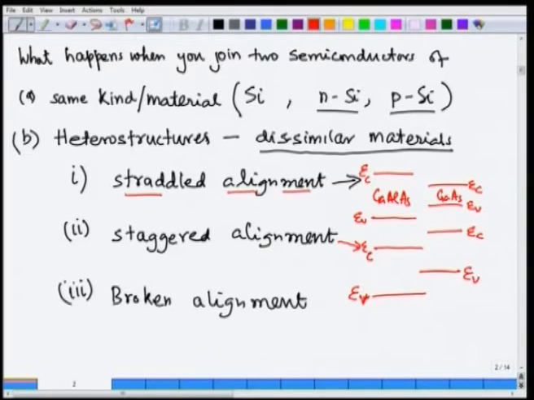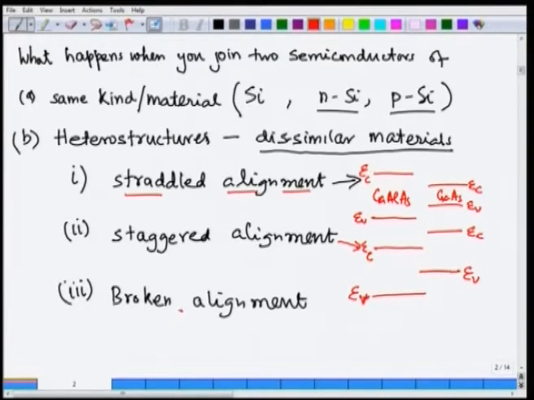You can see in this particular case, this is the band gap of one material, this is the band gap of the second material, but the EC and EV alignment is such that the two materials are staggered in their energies. An example of this would be gallium, well, I will give you another example a little later.